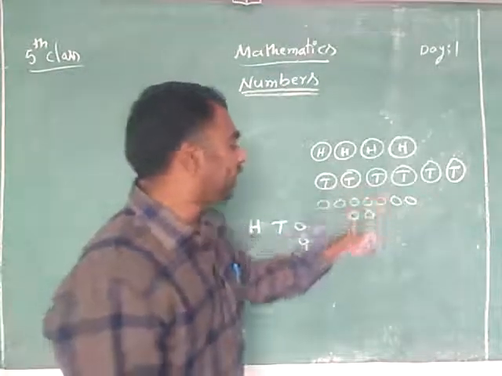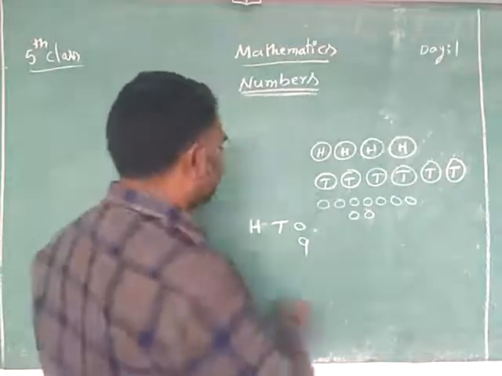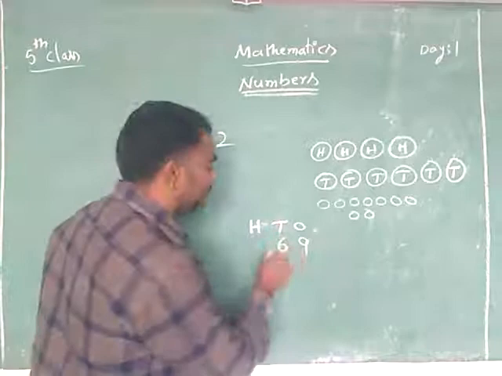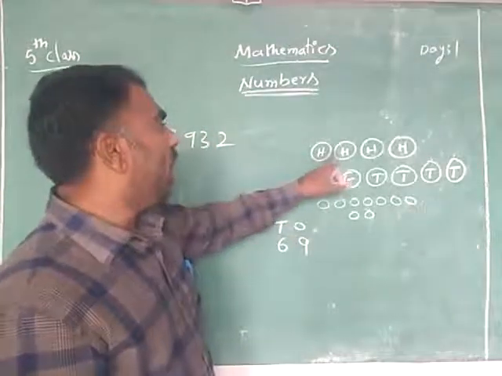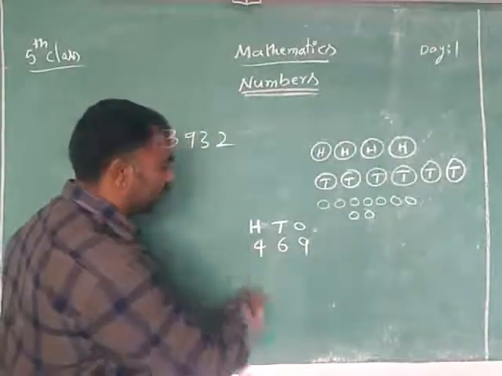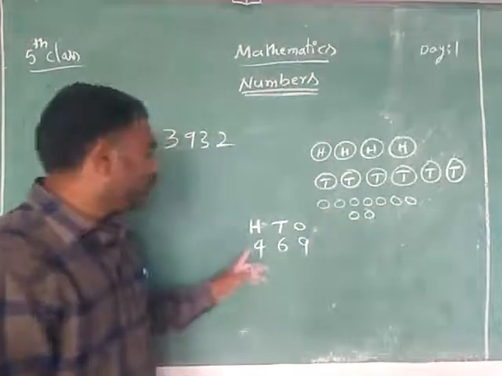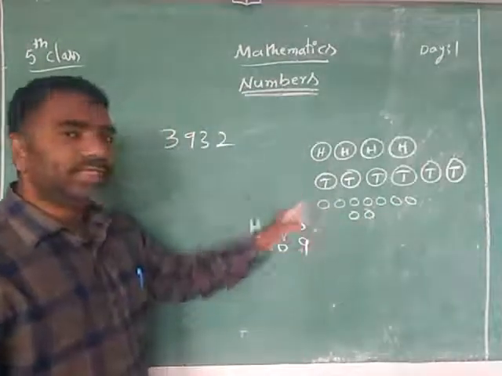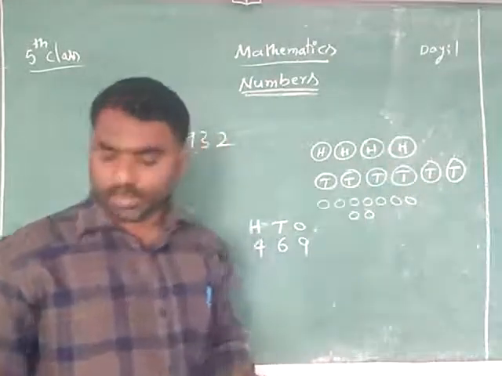How many tens are there? 1, 2, 3, 4, 5, 6. 6 tens are there. That's why the tens place is 6. Hundreds, how many hundreds are there? 1, 2, 3, 4. 4 hundreds are there. That's why it is 4. So this number, how many chocolates are there here? 469. This is the way of understanding the number.